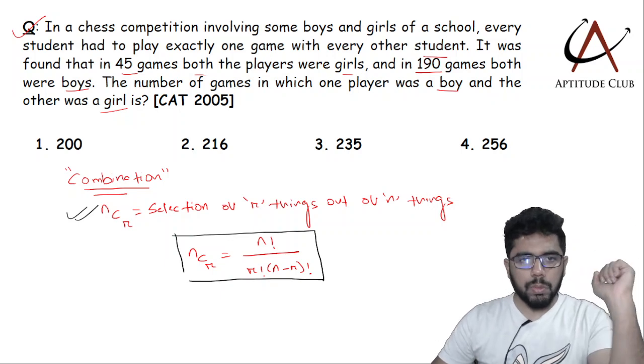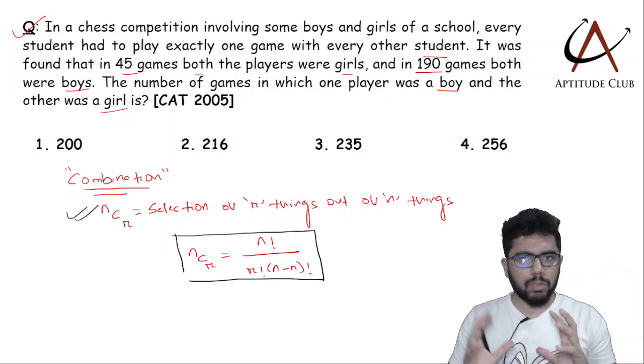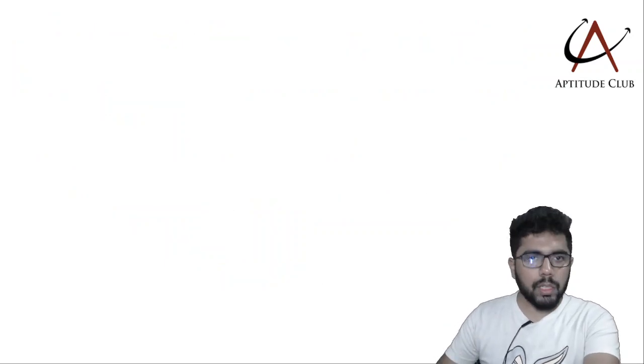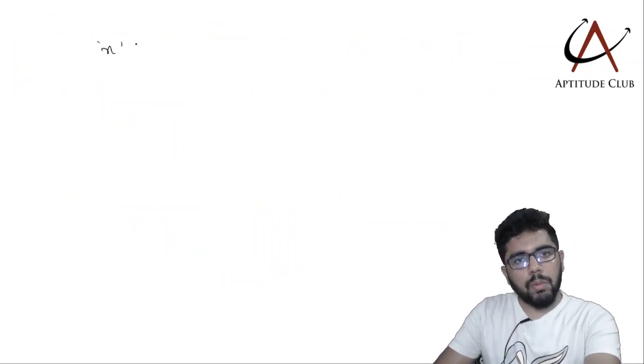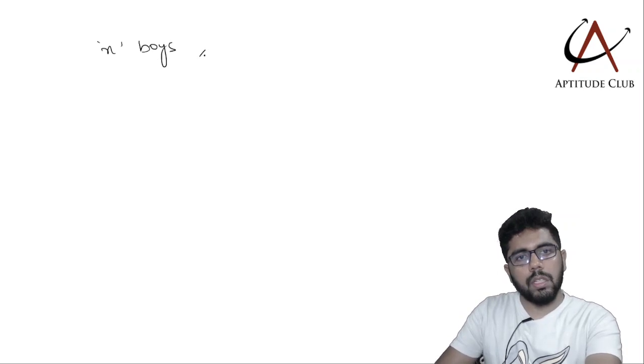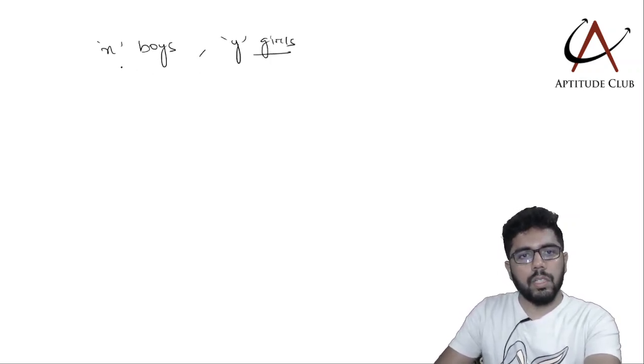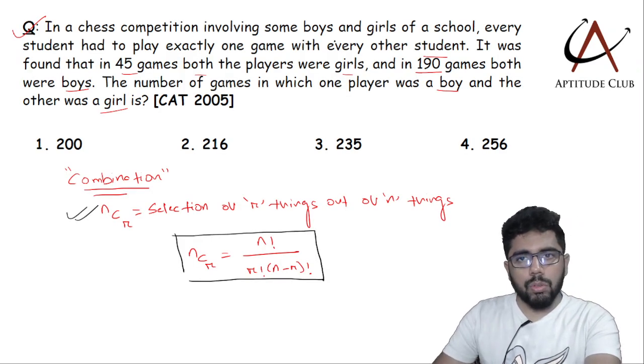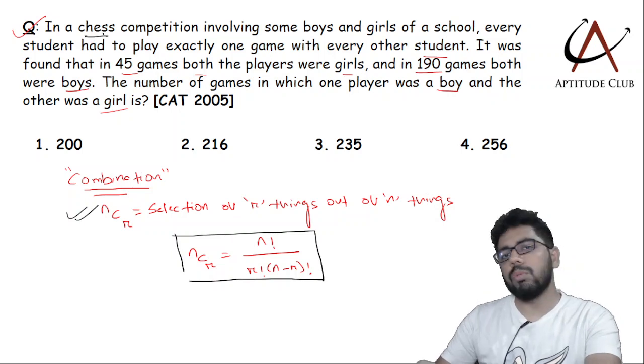Now think of it this way: there were some boys and some girls. We don't know the total number of boys and girls, so let me assume that the number of boys is X and the number of girls is Y. Whenever I am playing a chess tournament, to play a game of chess I need two players.